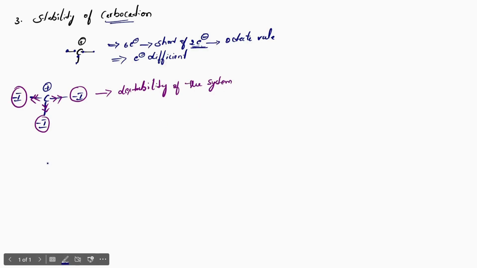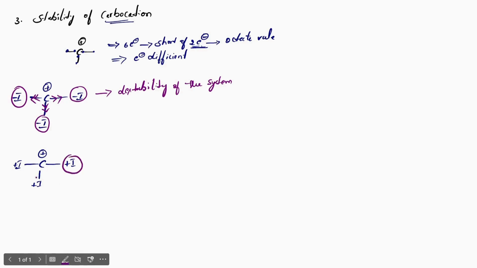We will see now what if electron donating groups are attached. That means positive inductive groups are attached. Consider this carbocation. To that, positive inductive groups are attached. What happens here?